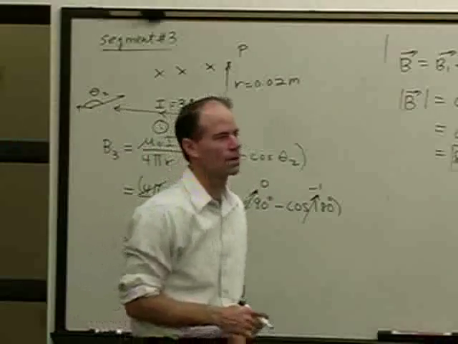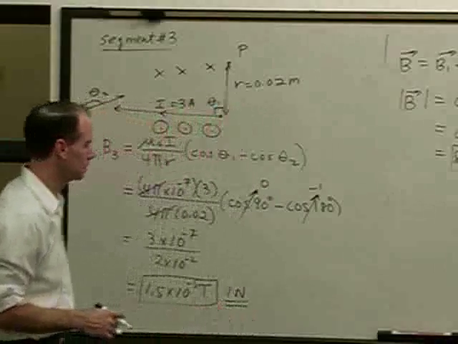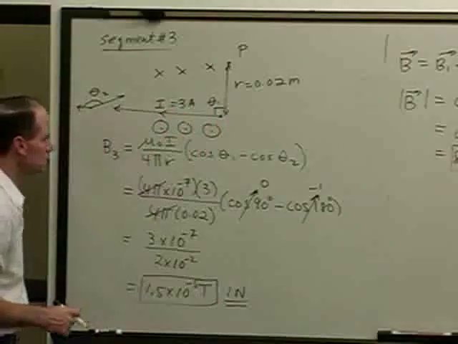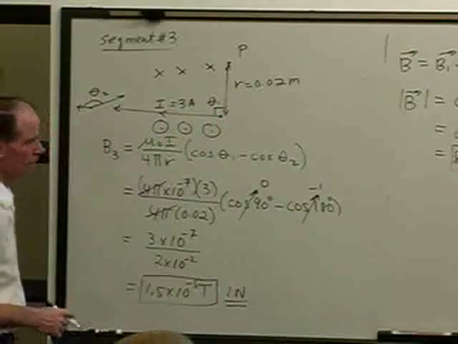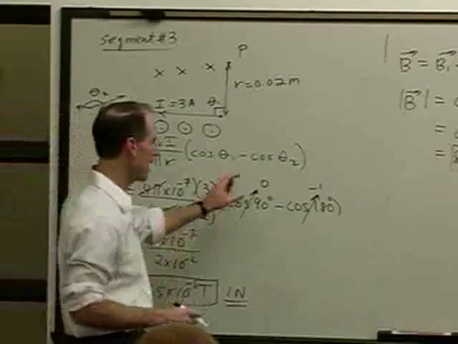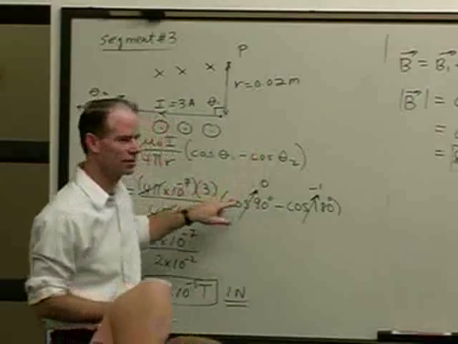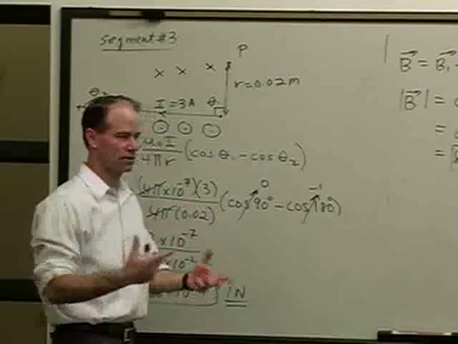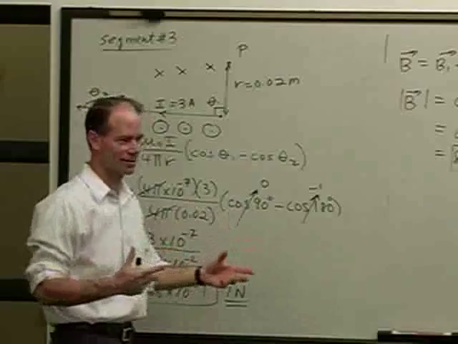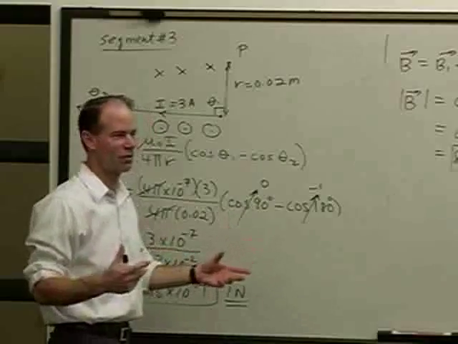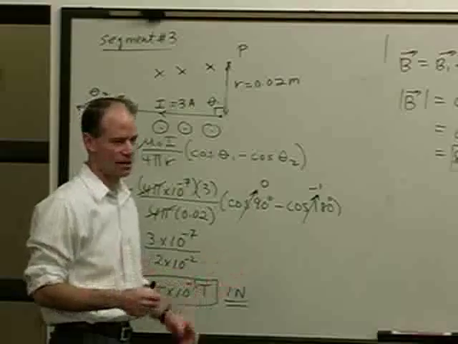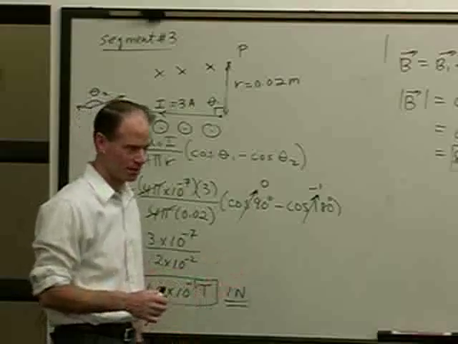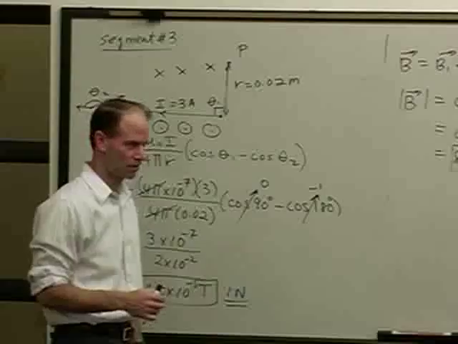Can you explain why we can use the 90 degrees over here, but we can't use it over here? Yes. Because if I put the angle inside the cosine function, then the function is just working on the angle. So it doesn't matter. The only thing that matters is that you have your calculator in the right angular form.